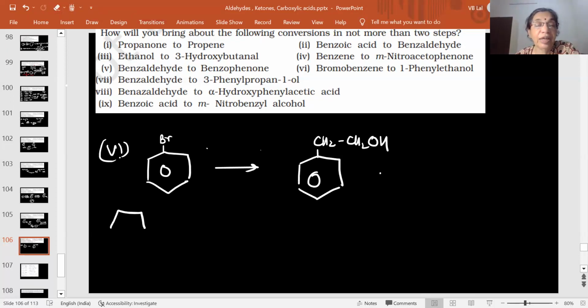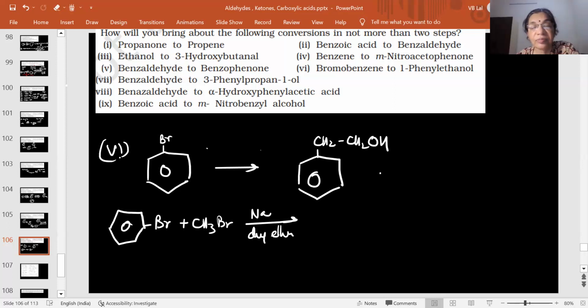First I will take this bromobenzene and react it with CH3Br in presence of sodium and dry ether, 2Na. So I will get toluene.